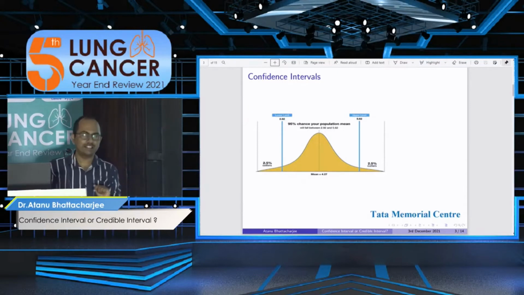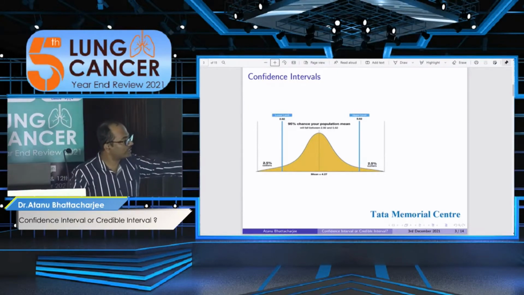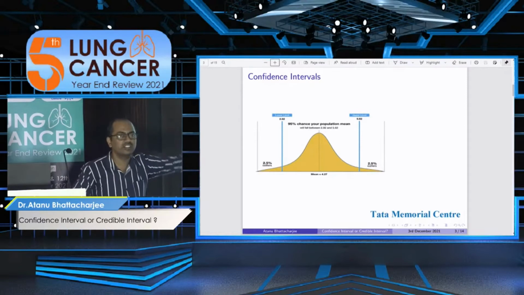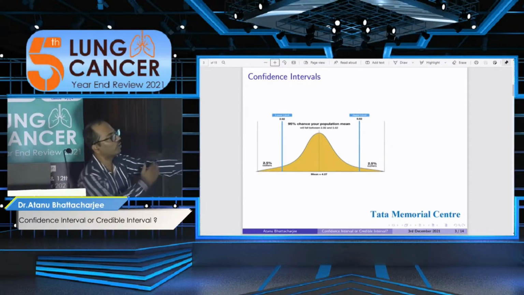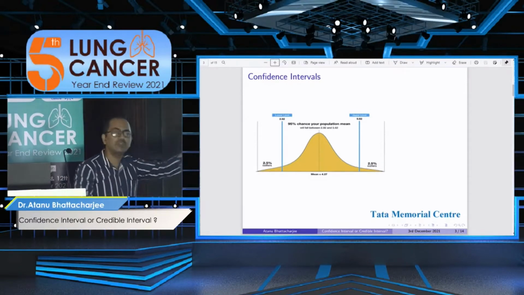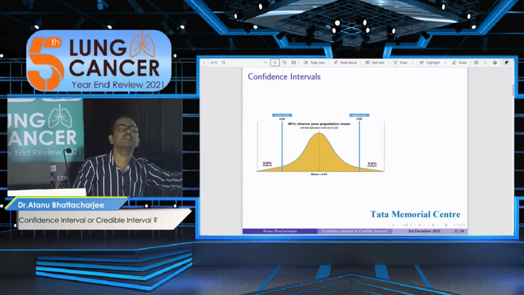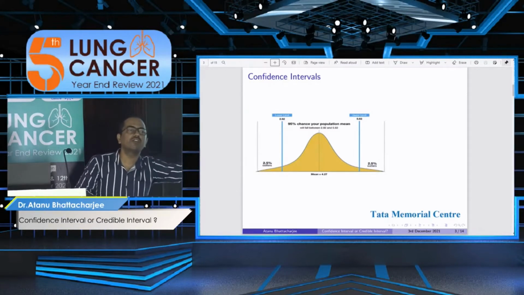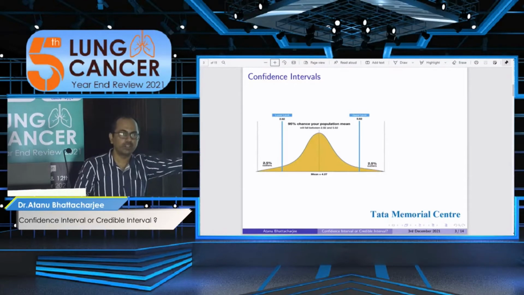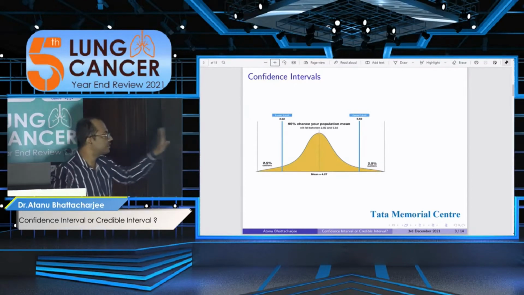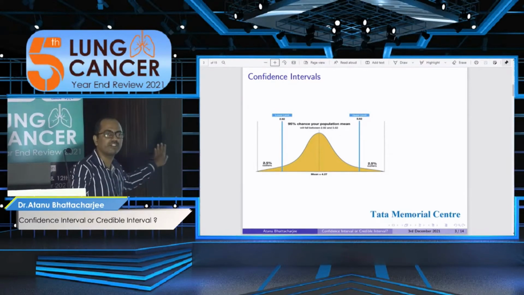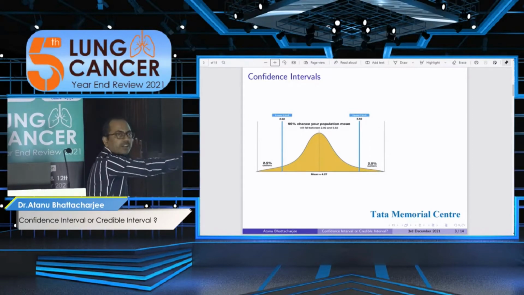How far can they be on the right side? If they cross that last 2.5% region on the right side and go beyond it, then we are going to say that the cisplatin arm and the cetuximab arm have different outcomes, different kinds of effectiveness. It may be higher effectiveness. Or it may be the other way: if the cetuximab outcome comes on the left side, then we can say the cetuximab arm's effectiveness is completely different from the cisplatin arm.